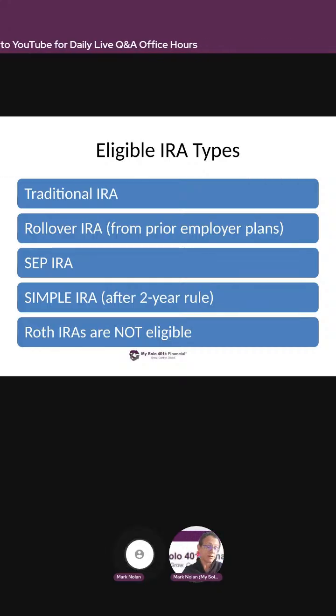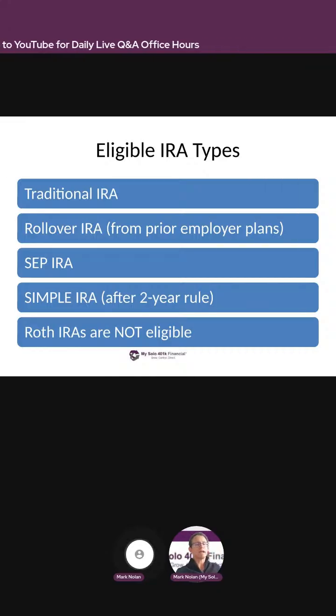Also, if you have a non-deductible IRA, however, you can transfer the gains in that non-deductible IRA to the pre-tax Solo 401k plan, and then you can convert the non-deductible IRA basis to the Roth IRA. That's known as the backdoor Roth IRA strategy.